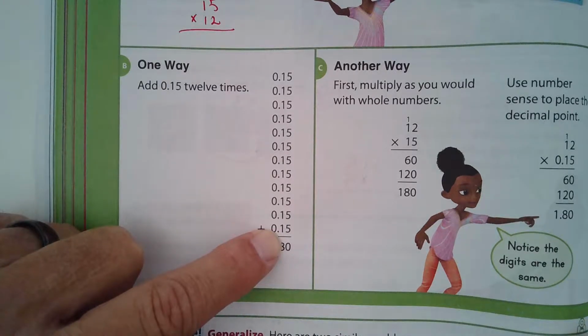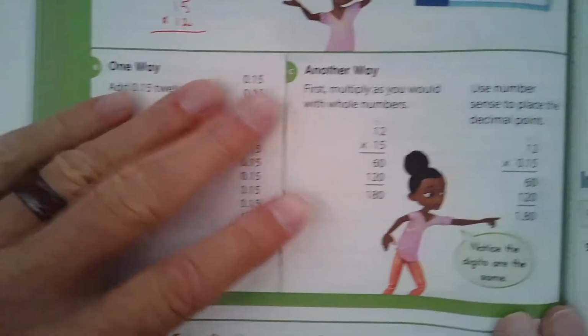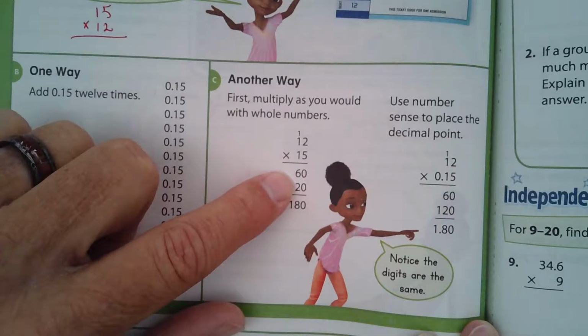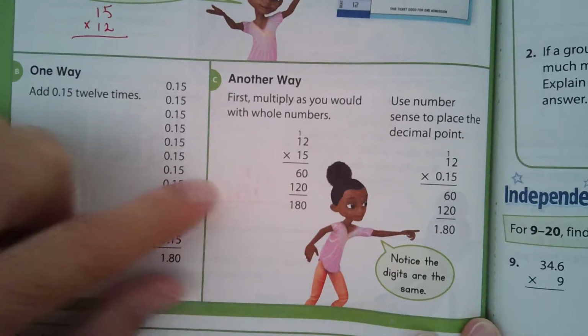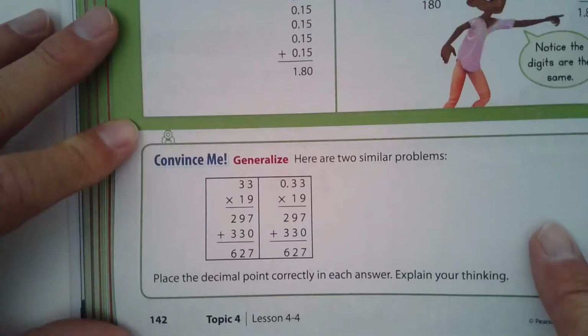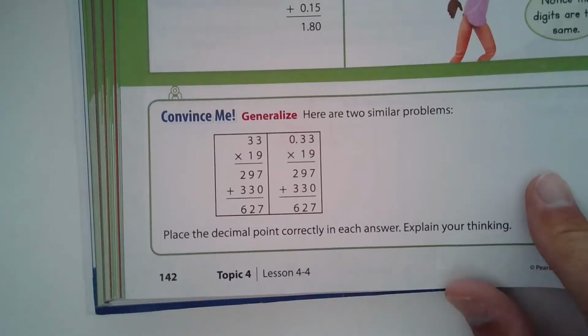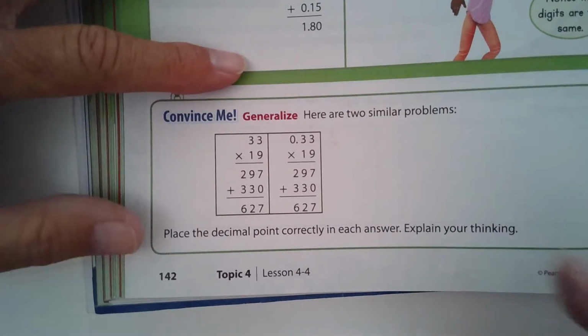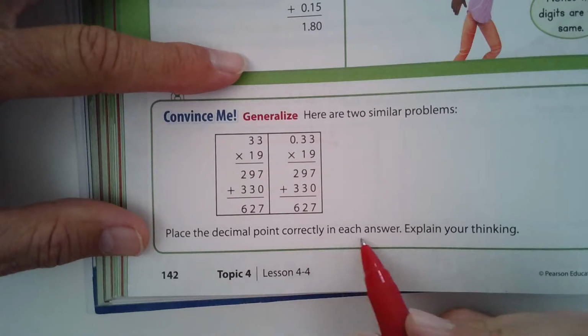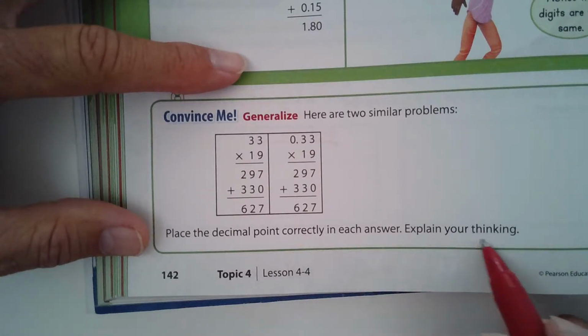Oh my gosh, that's kind of the long way around the barn if you ask me. I'd much rather do it like this. So then it says convince me down at the bottom. It says here are 2 similar problems. It says place the decimal point correctly in each answer and explain your thinking.